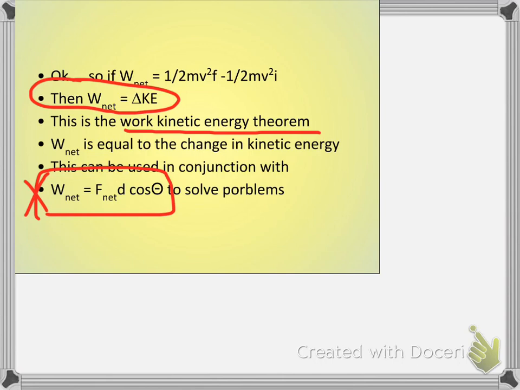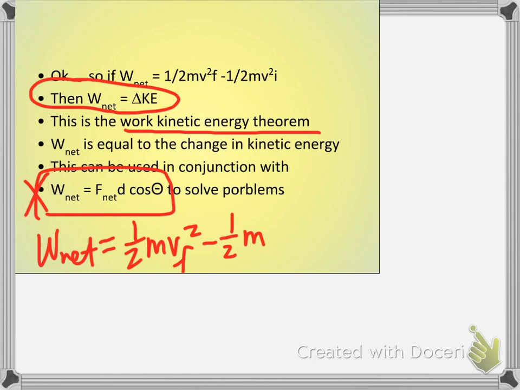So basically we have 2 more pieces of information. Because now what you know is that net work equals 1/2 m vf squared minus 1/2 m vi squared. And net work also equals force times distance.